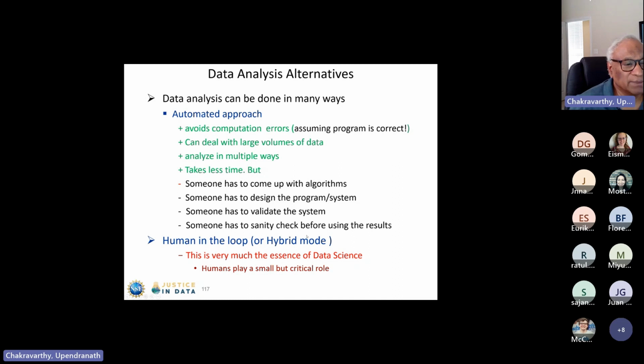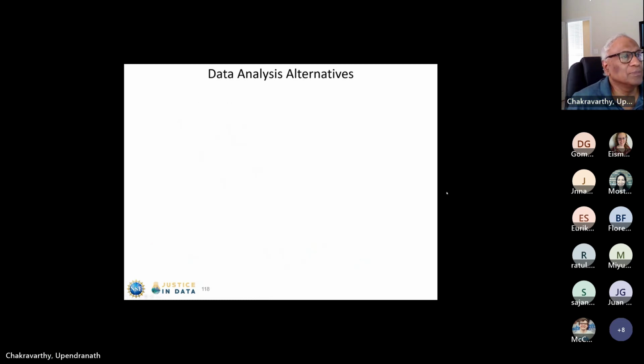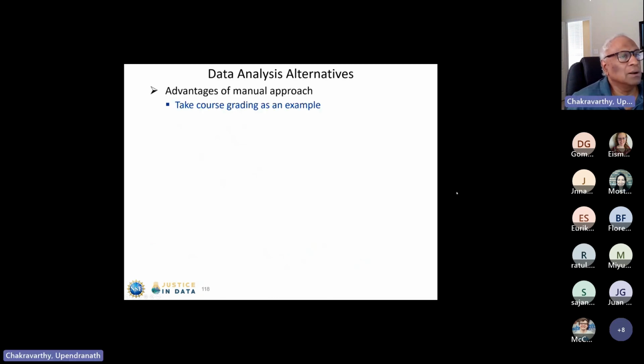Someone has to sanity check before using the stuff. So these are still difficult to do in an automated manner. Human in the loop or hybrid mode is very much the essence of data science. Humans play a small, but I think critical role in the analysis that is done. So there are advantages to all of these different approaches.